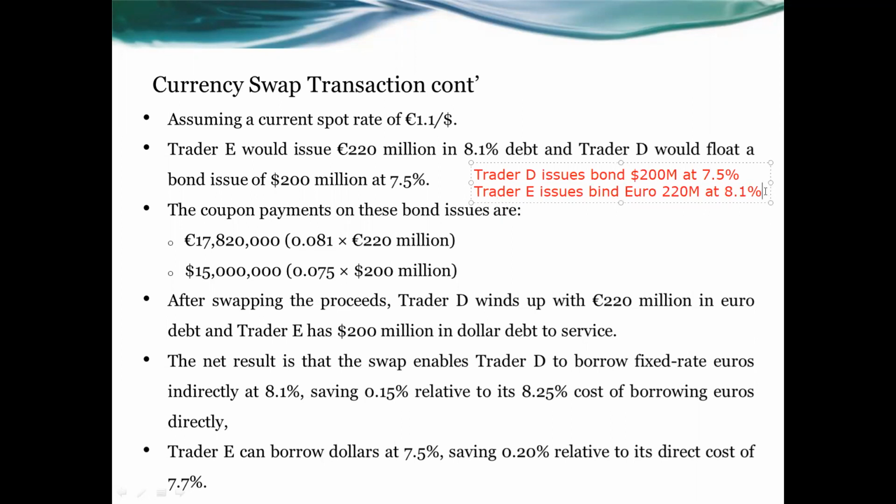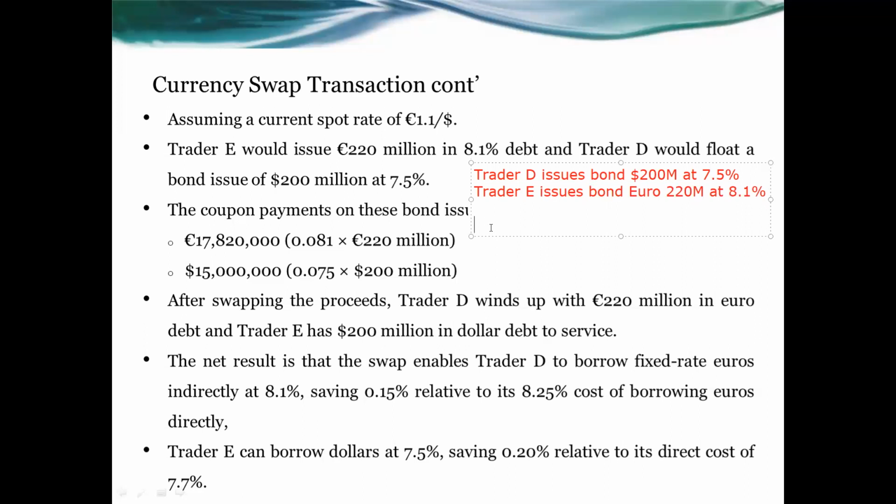Why does trader E issue a bond at 8.1% instead of issuing a bond at 7.7% in dollars? His requirement is fulfilled, because trader E required dollar-denominated investment and trader D required euro-denominated investment.